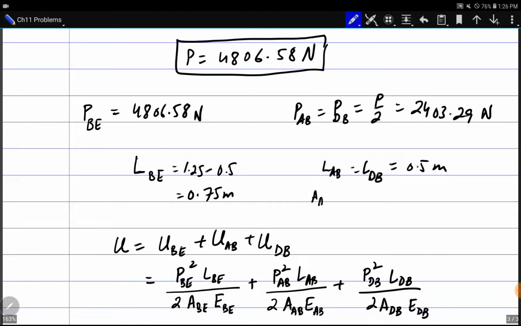Area of AB can be calculated from the thickness and width of the plate, which is the same for all of the plates given. 20 into 5 mm, so it becomes 100 millimeter square. Okay, EBE, EAB and EDB.